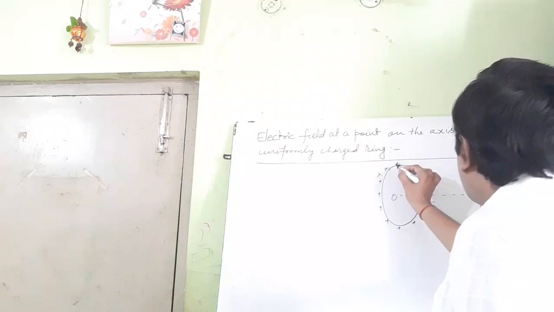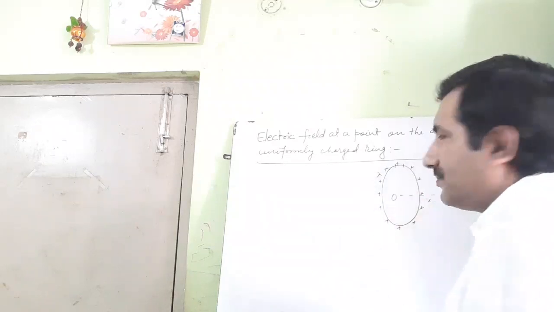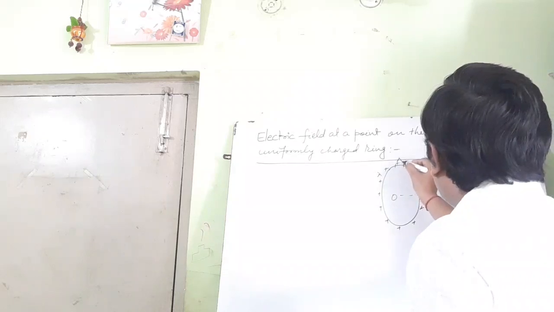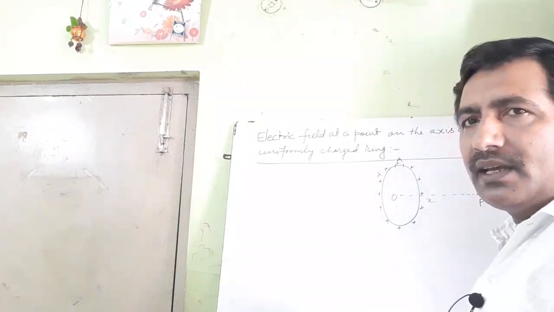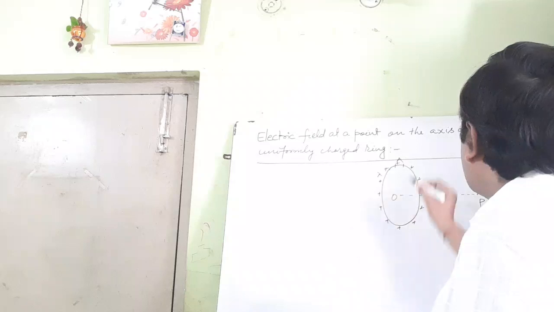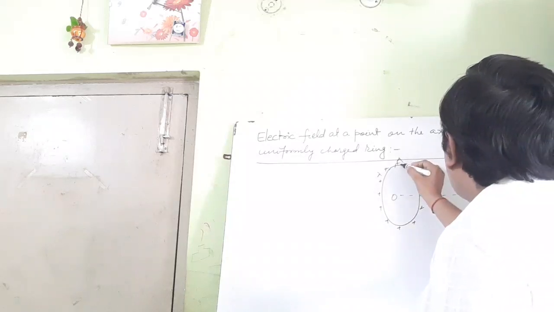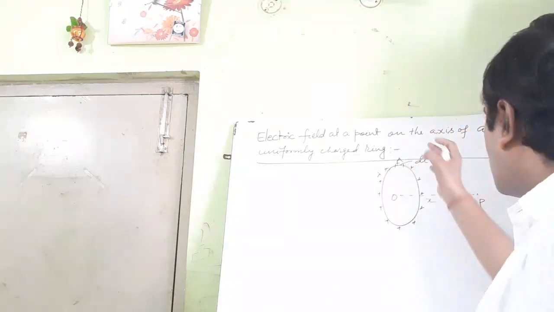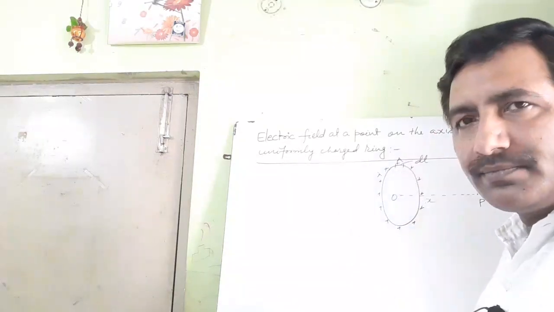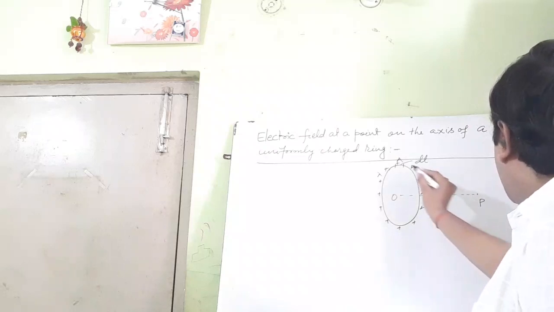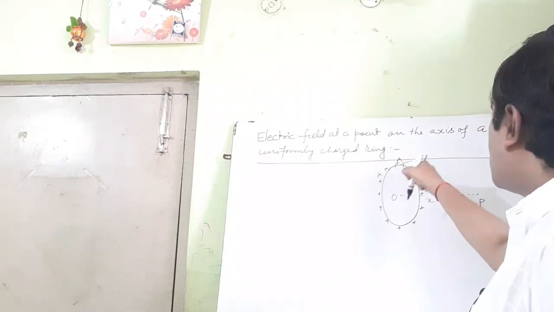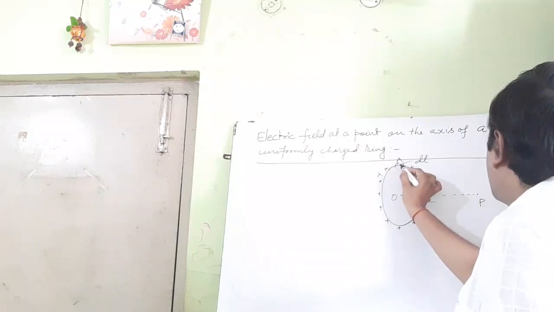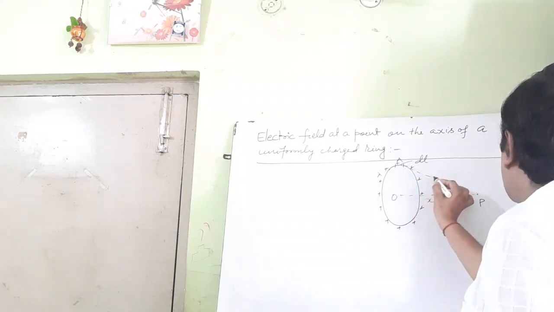Let us consider a small element here at point A. Suppose the length of this element is dl. So the charge on this element will be lambda dl. The electric field at P due to this small element can be obtained like this.